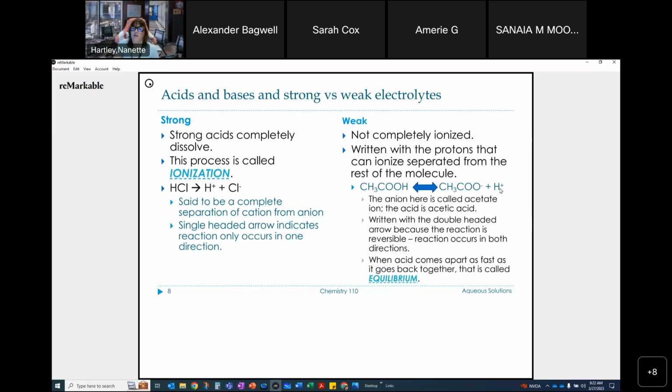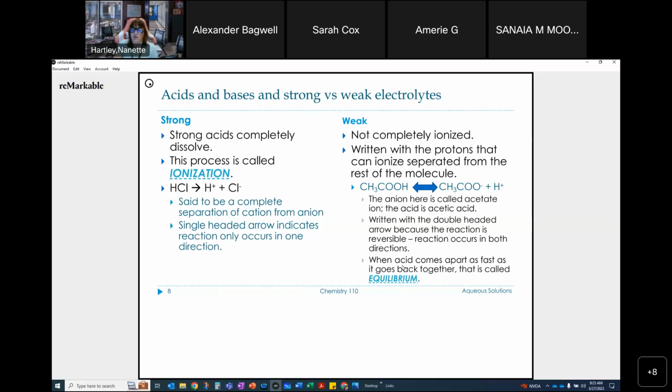Now, the anion here is called the acetate ion. The acid is acetic acid. This is written with a double-headed arrow because not only does it exist as CH3COOH in water, it also exists as CH3COO- and H+. So both of those exist, both sides. The ratio of that depends on the strength of the acid. Okay.